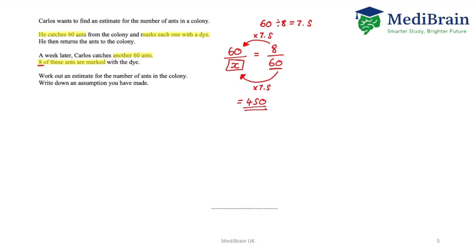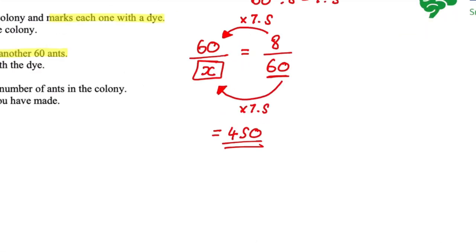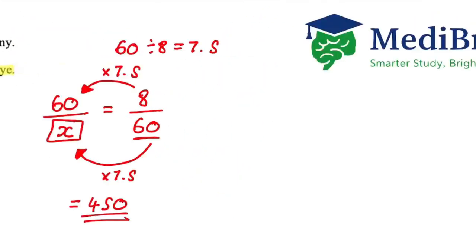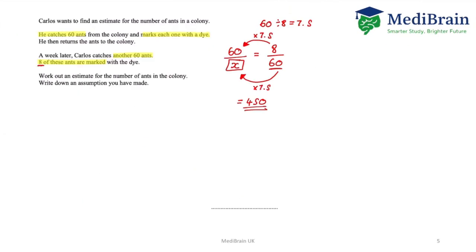This can be done without a calculator, but sometimes they don't have enough space to put it into the calculator paper, so they normally opt for the non-calculator paper. For example, 60 divided by 8 you can work out without a calculator. You can expect these sorts of questions in either, but because you can do it without a calculator, I would say it's more likely to come up on a non-calculator paper.